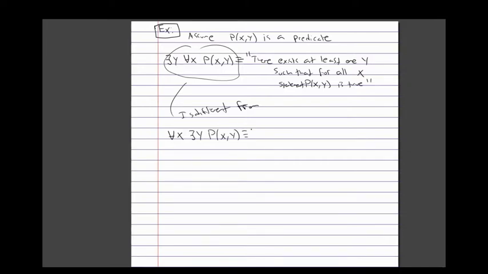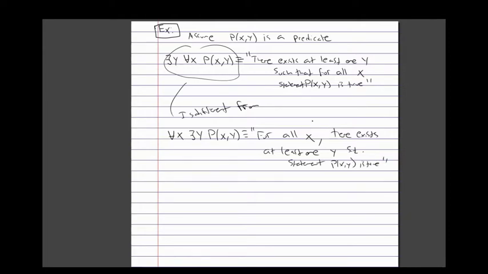Right? This is the same statement as for all x there exists at least one y such that the statement p of x y is true.